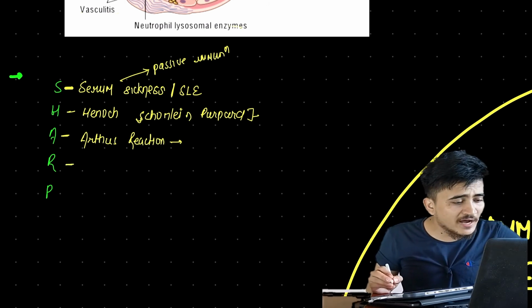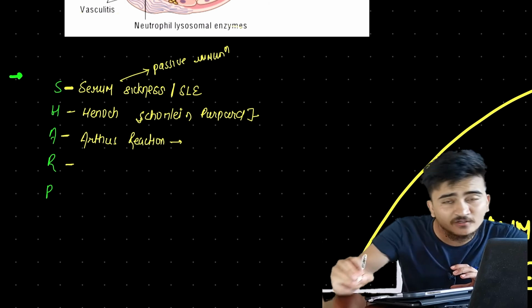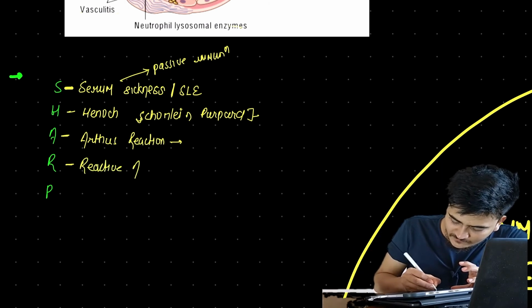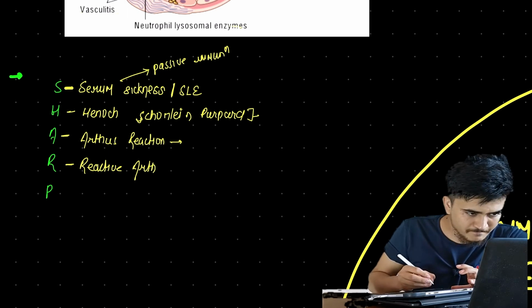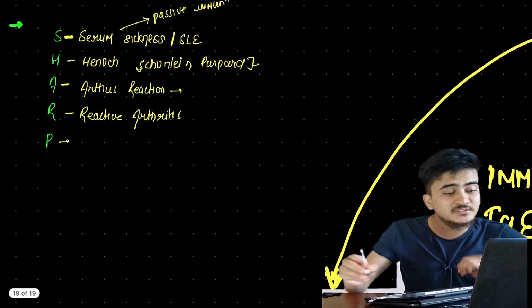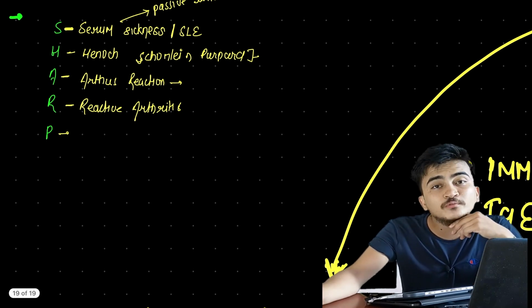And talking about R, the R is reactive arthritis. Now from P we have post streptococcal glomerulonephritis.